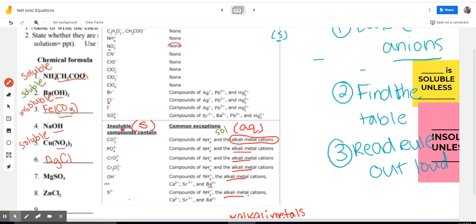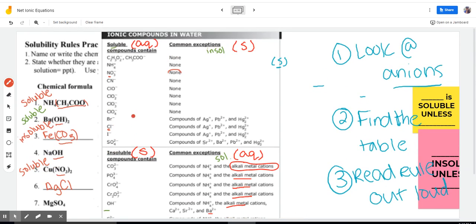So the chlorines are soluble unless, and here are your exceptions. So we have silver, lead, or mercury. Silver is one of the exceptions. Therefore, this is now insoluble. Okay, so insoluble. That's the precipitate. Okay. Alrighty, so use this to get started.